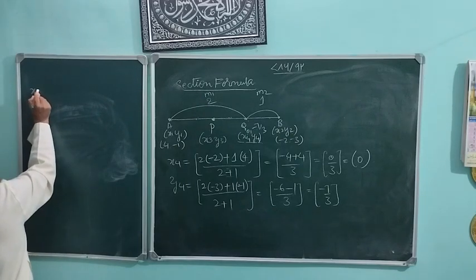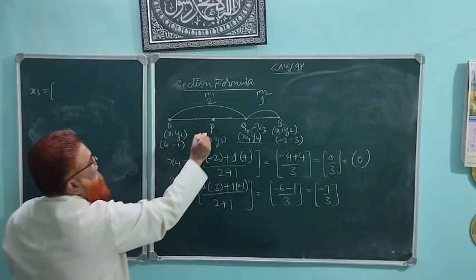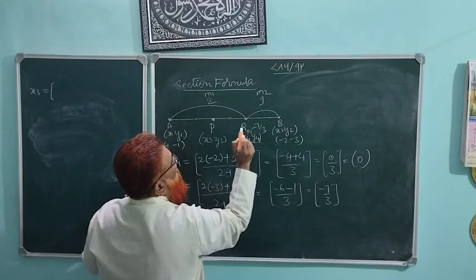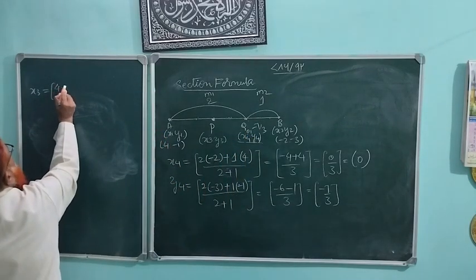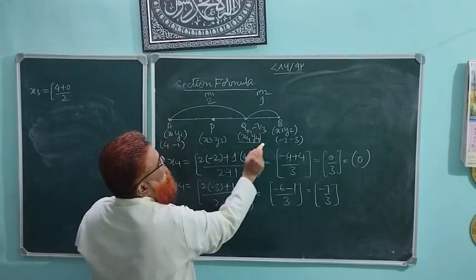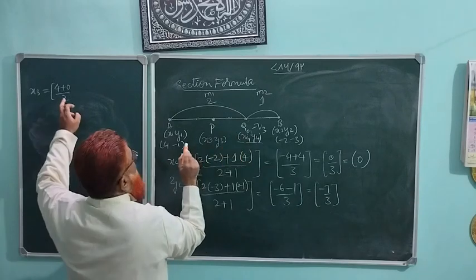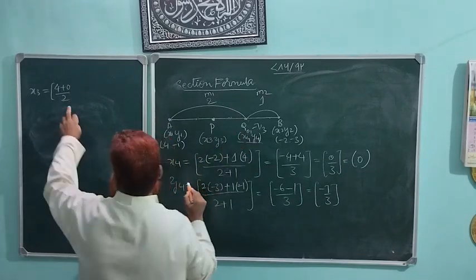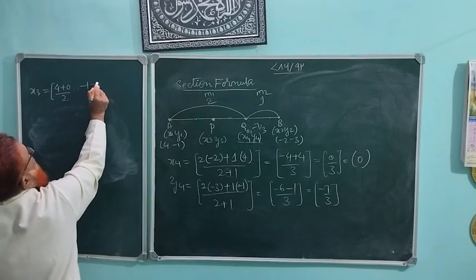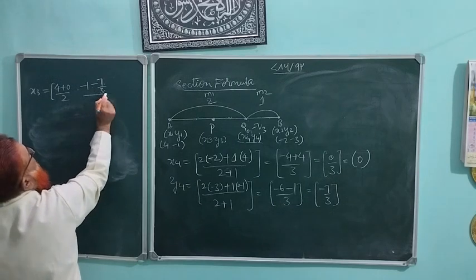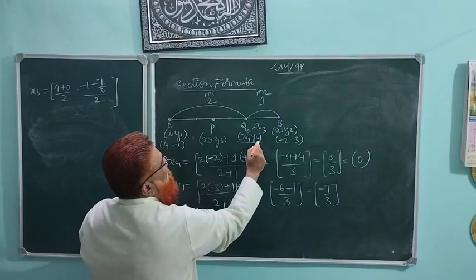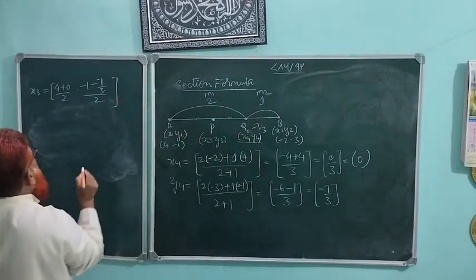What is that? x3 is equal to x1 plus x4, that is 4 plus 0 by 2, and y3 is y1 plus y4, that is minus 1 minus 7 by 3, divided by 2.